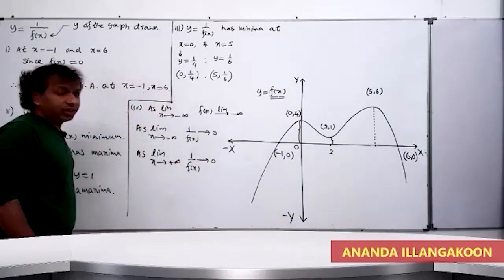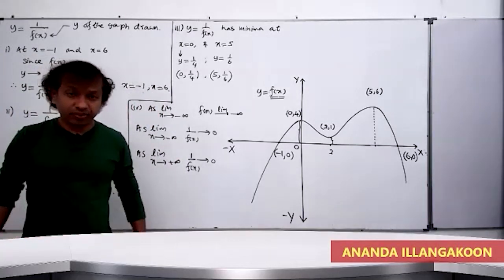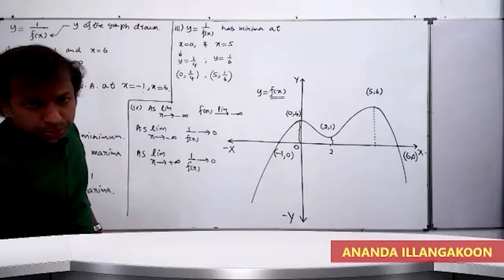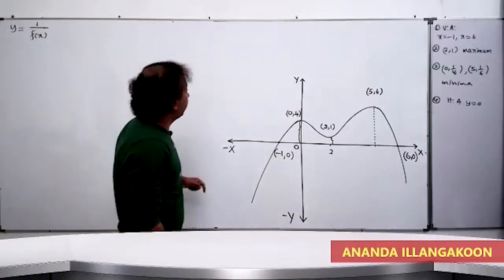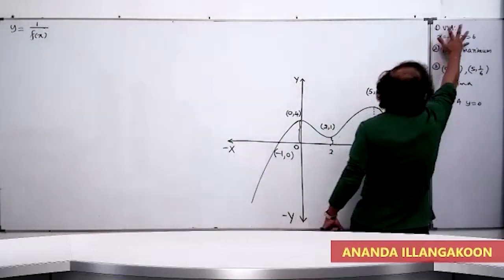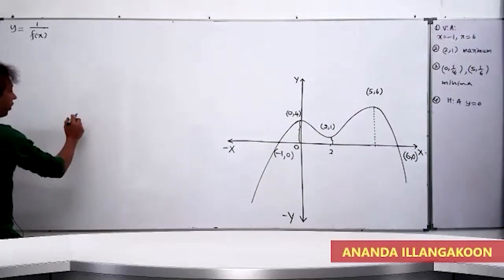Now, people, you can sketch the 1 upon f(x) graph. I, of course, got all this data here. Now I can sketch the 1 upon f(x) graph like this.